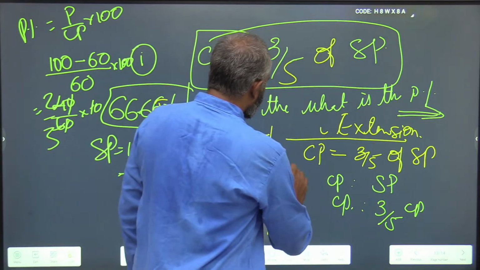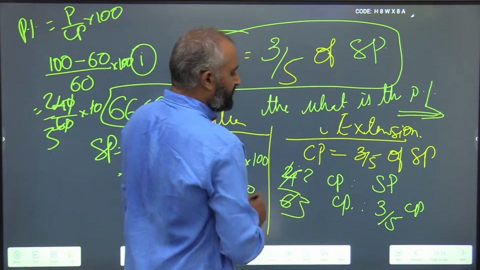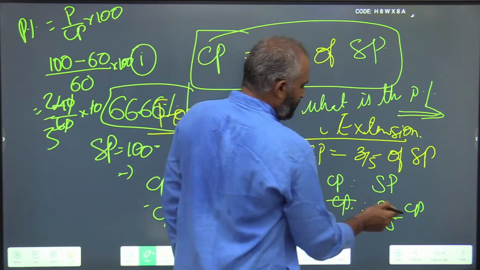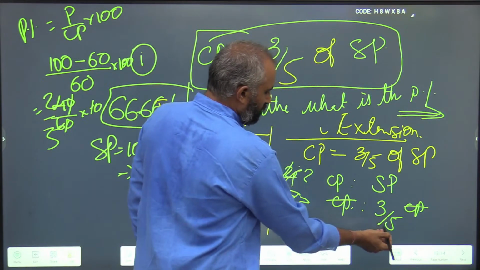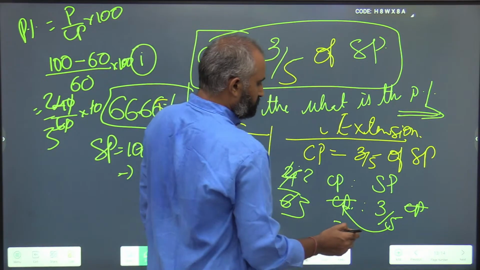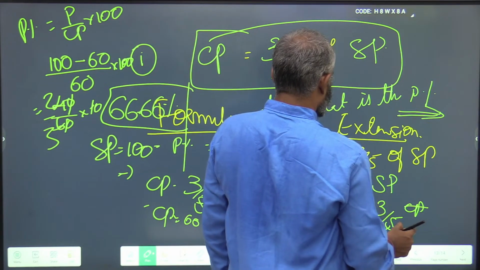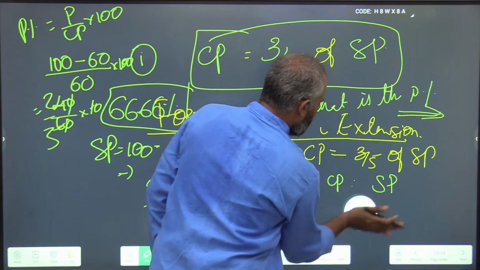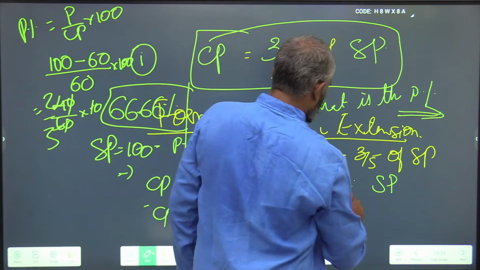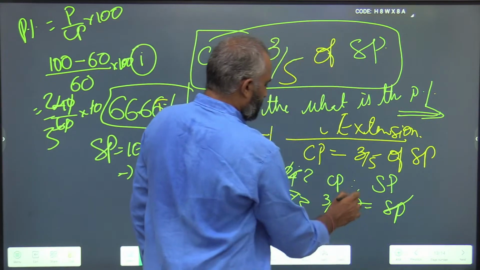If they are in a ratio, that means I am able to cancel them. Your CP is 3/5 of SP, so SP gets cancelled.